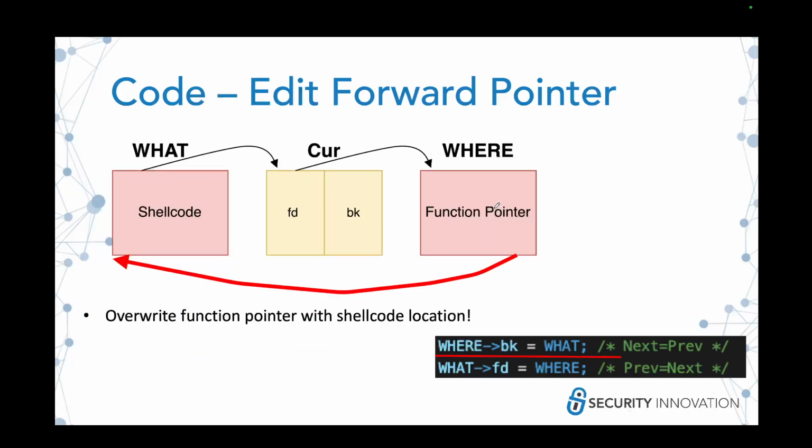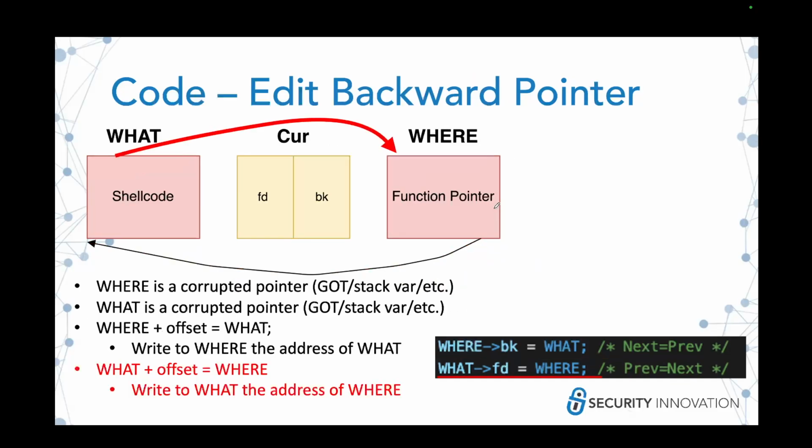And think about this more abstractly. If the where is a function pointer and the what is the shellcode, we can write the address of shellcode to a function pointer and then execute that, which is really awesome. Directly after that, we're writing the value of what plus some offset equal to where.